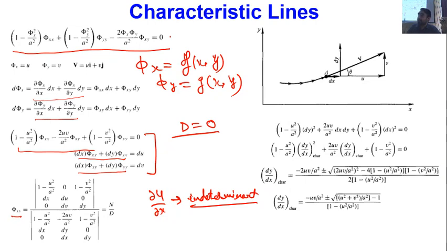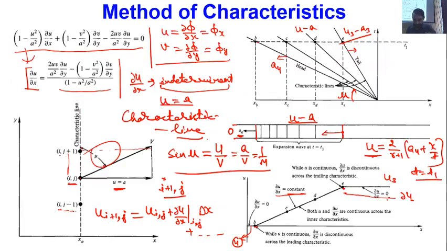Okay, but if you see from this formulation, it is very clear that del u by del x is changing from 0 to a constant value, and here from a constant value to 0. So it means the derivative of any field parameter in a continuous flow field cannot be infinite. Okay, it will always have a finite value.